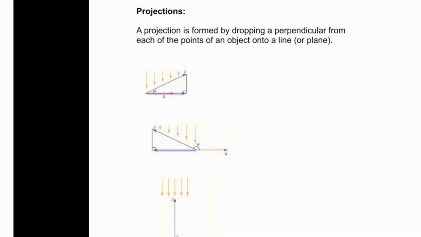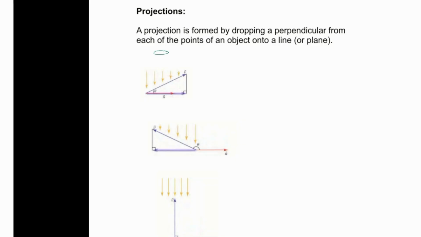So we can think of a projection, like I said, as a shadow. If you think of there's a light source up here, and these are light rays coming down. So we can think about a projection as being this reflection, and the vertical arrows in the diagram represent light from above.